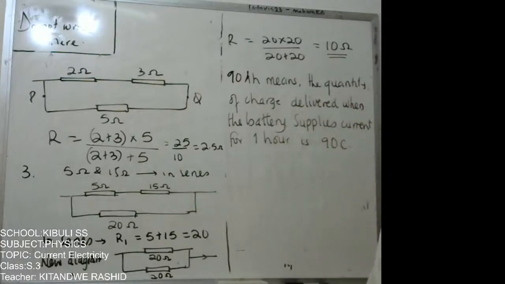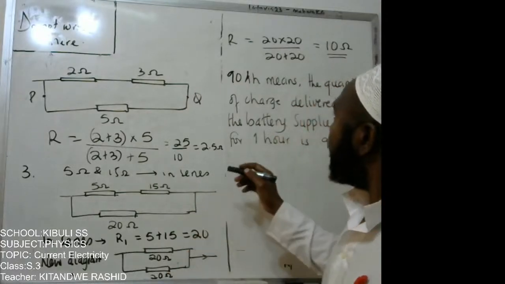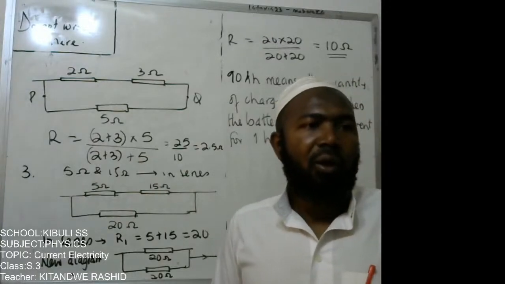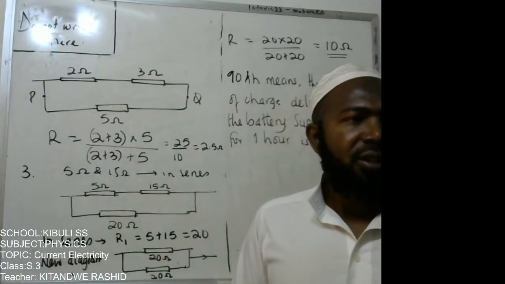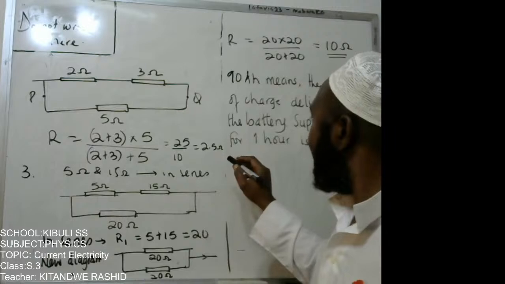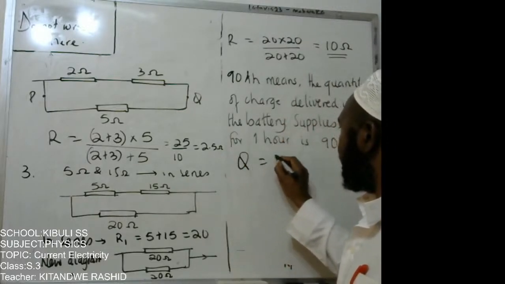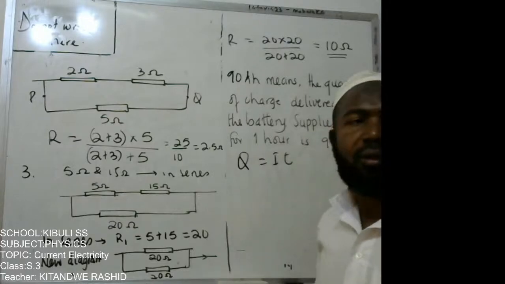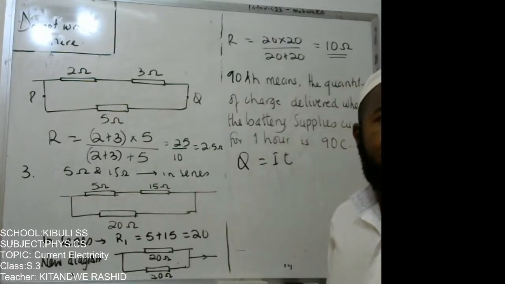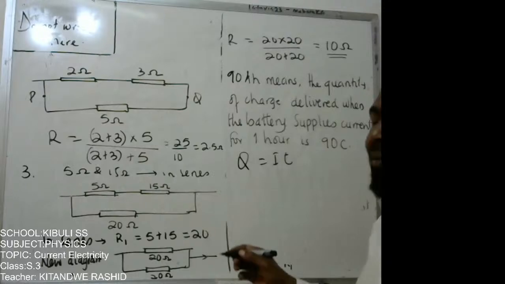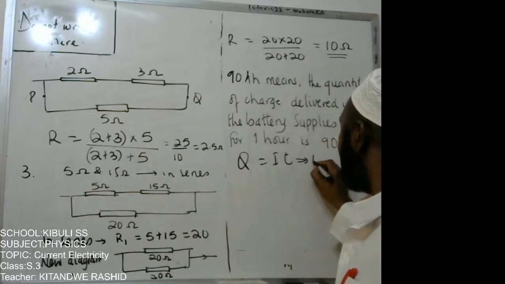All right. So, part B, quantity of charge is given by I T. And our interest here this time round is time. We make T the subject of the formula.